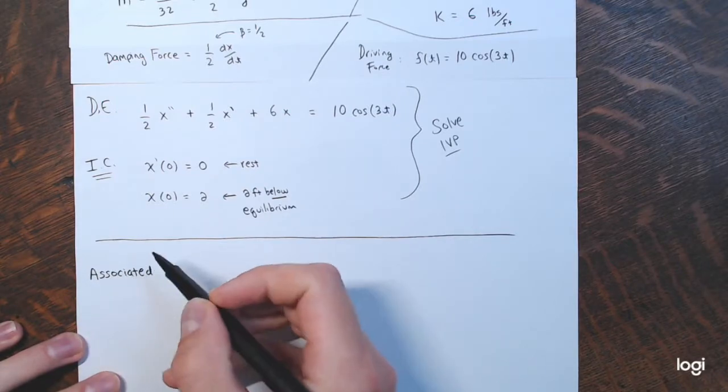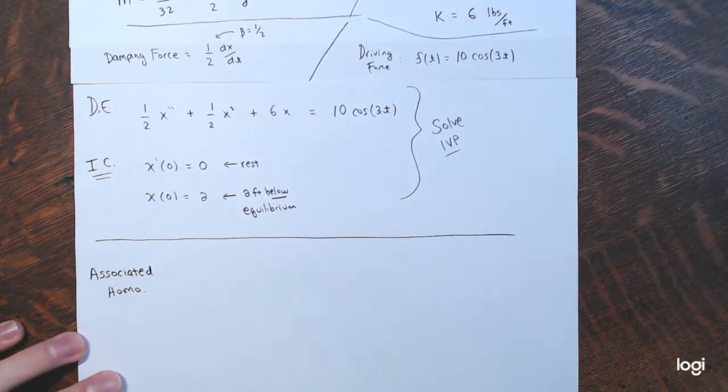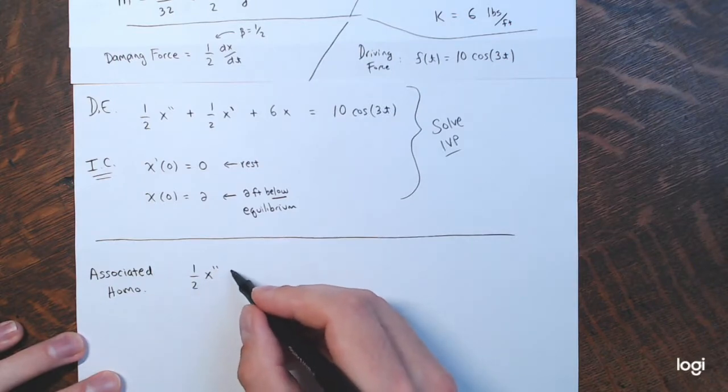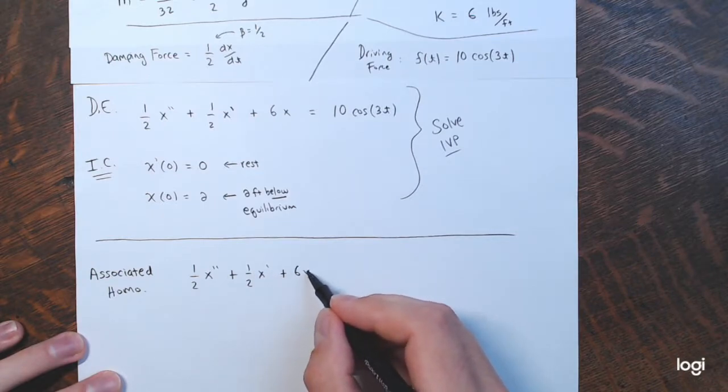So I'll write that up first. I'll just put homo for associated homogeneous. That'd be half x double prime plus half x prime plus 6x equals 0.